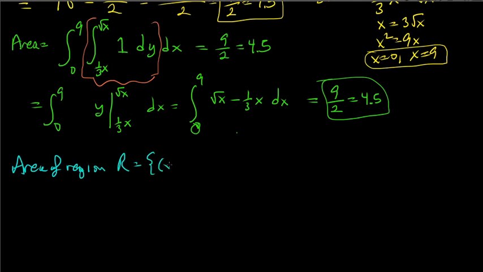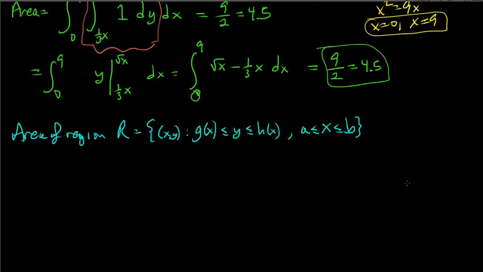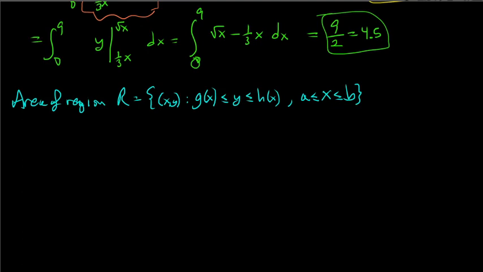The region R is the set of points (x, y) such that y is between two functions, maybe we should just call them g and h, and then x goes between two values, a and b. X is between a and b. In this example, that was the 0 and the 9. Okay, so this region looks like this.